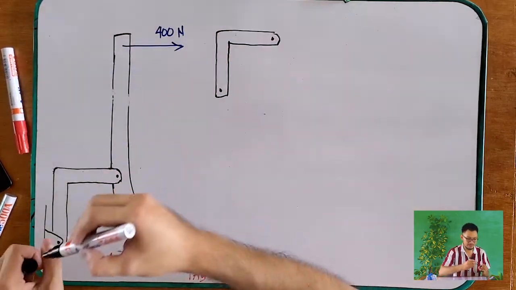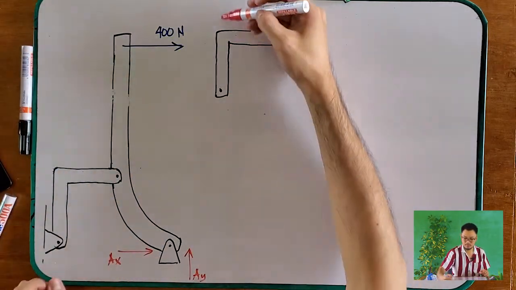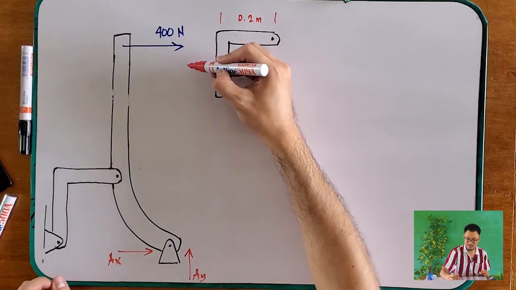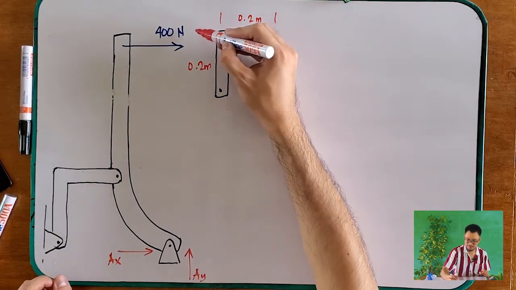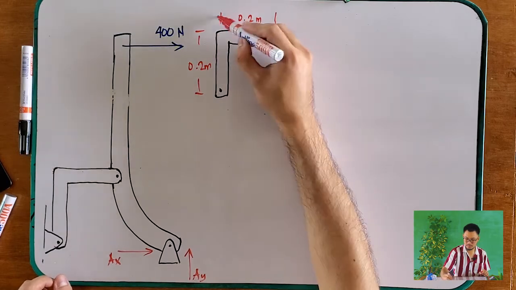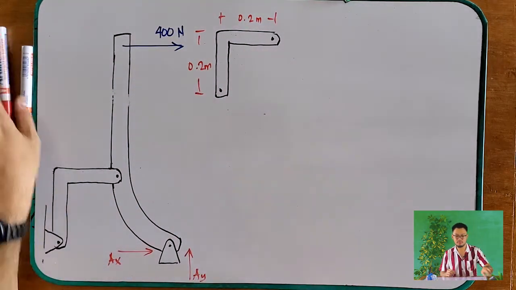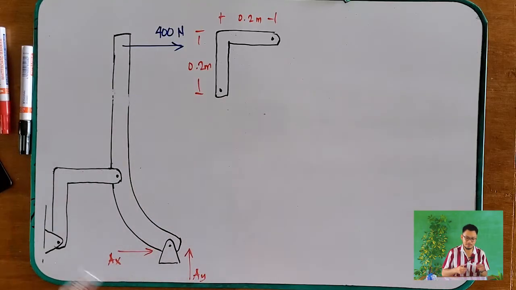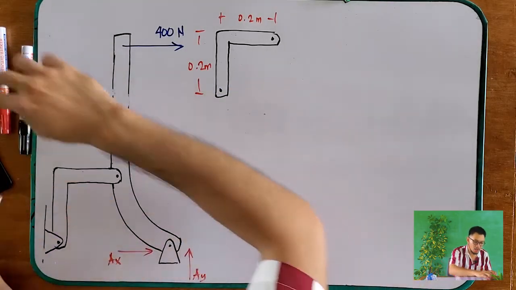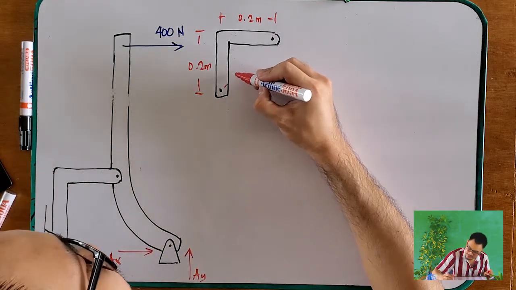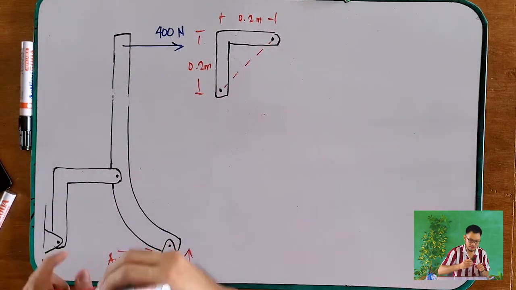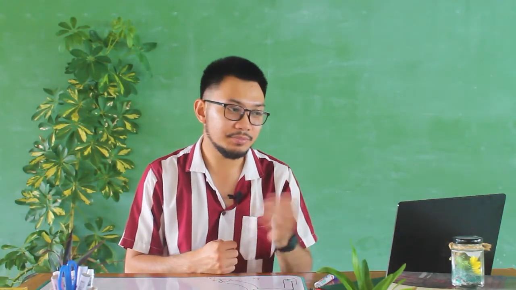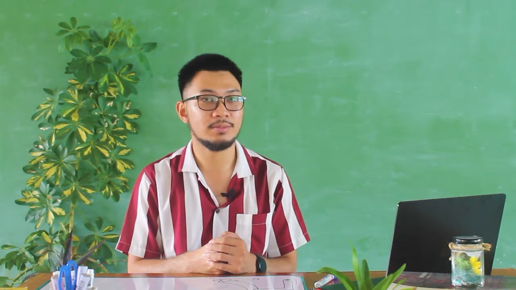If we're going to draw that one, this is 0.2 meters, and this is 0.2 meters. And we knew that this one should be acting along this line. The direction of the force should be acting along that line, as stated on our 2-force member previously.